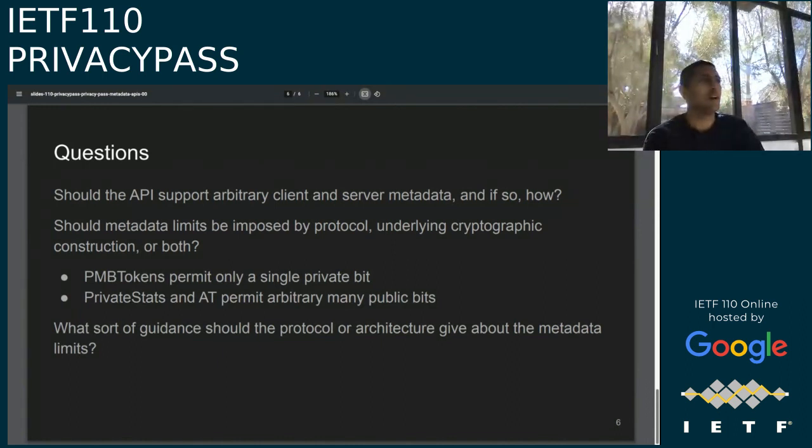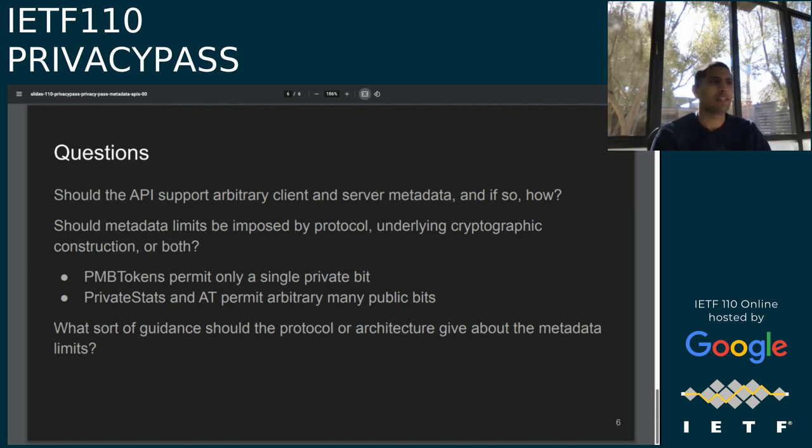I feel like how the metadata is actually constructed is probably left to the applications, but I think constraining the size of the metadata would require the applications to also supply some sort of mapping table.